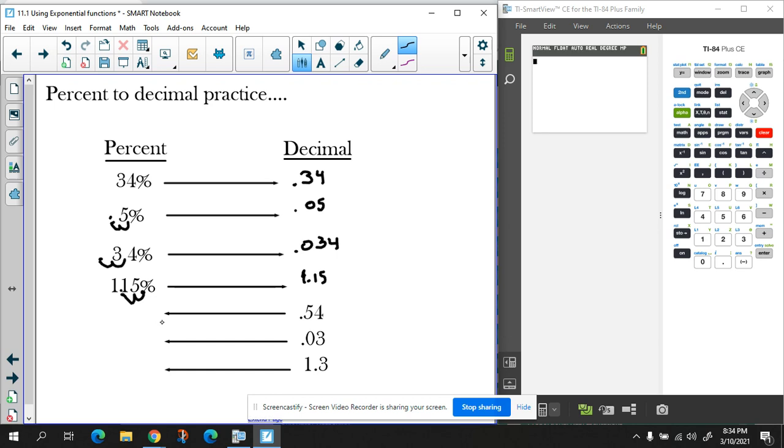Going the other direction, we would multiply by 100 or move your decimal 2 spaces to the right. 0.54 written in percent form is 54%. 0.03 written as a percent would be 3%. And 1.3, if you multiply by 100, would be 130%.